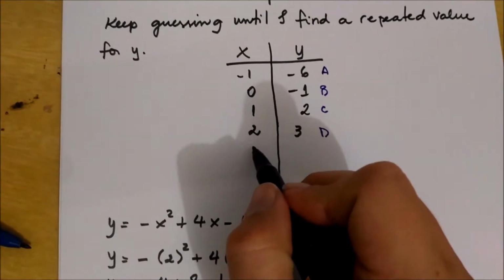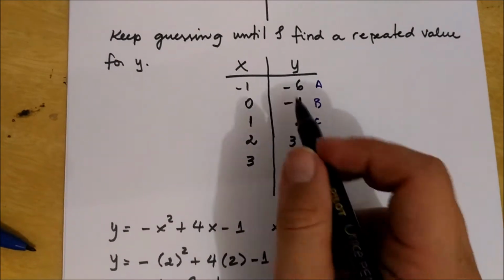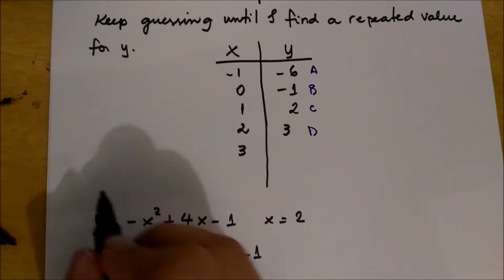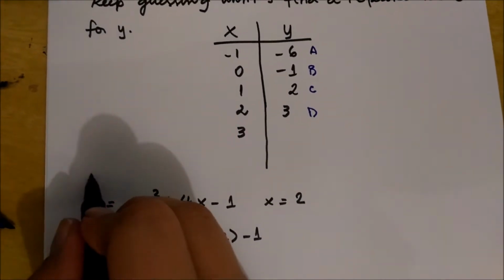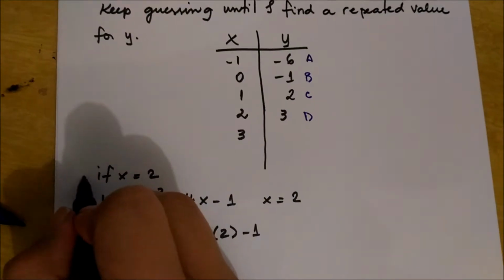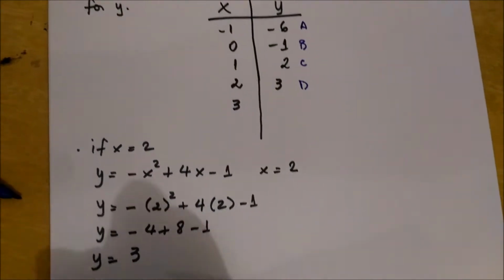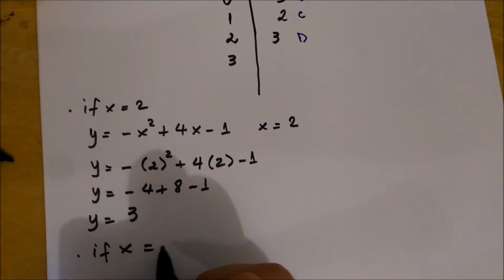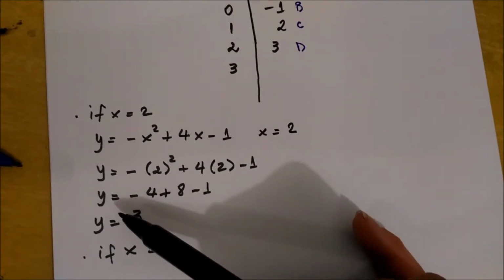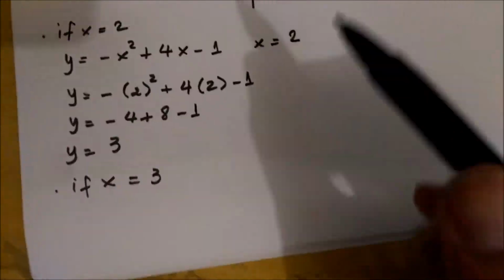Okay, let's try number 3. Still, nothing has repeated yet. Look, here we found y equals 3. Now I'm guessing x equals 3. It's a whole different story.